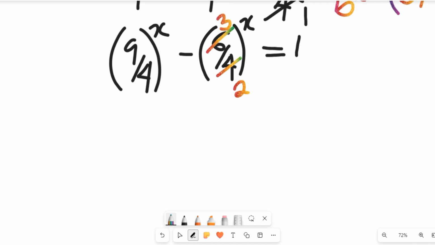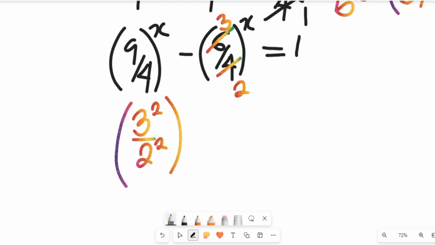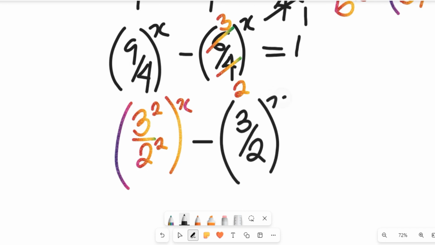So that is simplified, while over here we can reduce that to 3 to the power of 2 divided by 2 to the power of 2, and all of these will be to the power of what? x. So this will be minus 3 to the power of 2 all to the power of x, and this will be equal to 1.